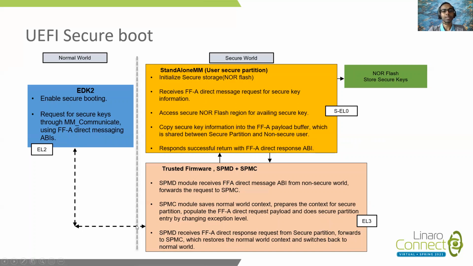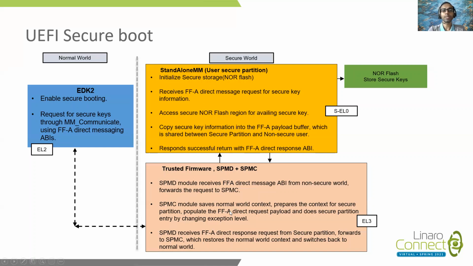After this direct messaging API request has been placed, SPMD module will receive the FFA direct message APIs from non-secure world and forwards the request to the partition manager core, which is SPMC.